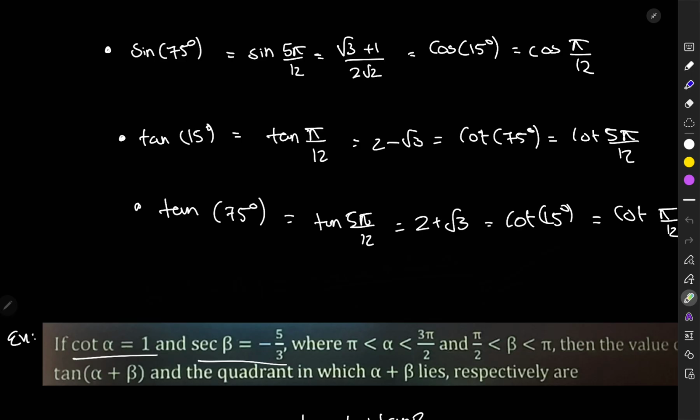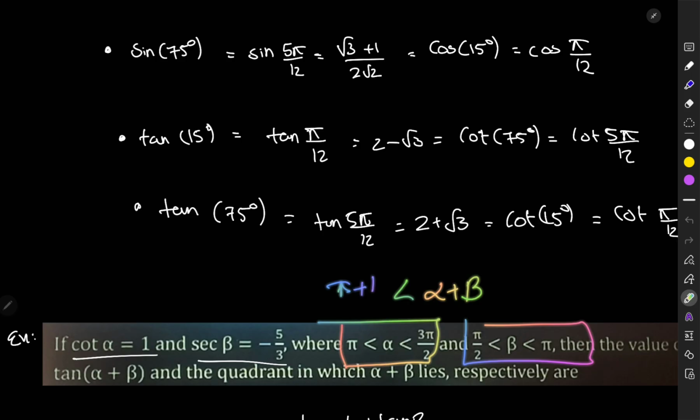After getting the answer, they have asked to find the quadrant in which alpha plus beta lies. So basically alpha's inequality is given, and beta's inequality is given. What if we add both the inequalities? So we'll get alpha plus beta's inequality, pi plus pi by something and pi plus 3 by 2.